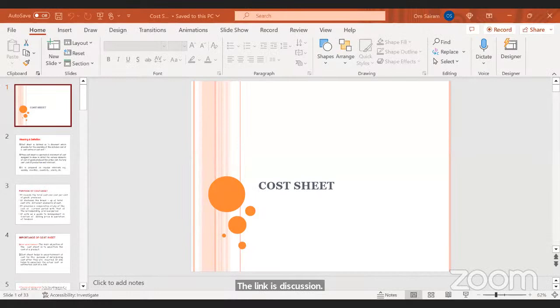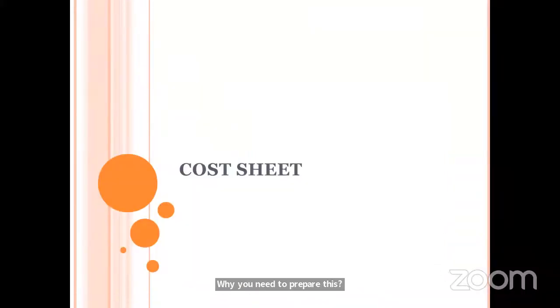So we are going to discuss the statement of cost. This is the last part of this unit 1, that is the cost sheet. Whenever we talk about the cost sheet, it is also otherwise known as the statement of cost. Why do you need to prepare this statement of cost? The reason is very simple: because we need to ascertain the cost. As we have already discussed in our previous class, when we are discussing cost accounting, what are we doing?